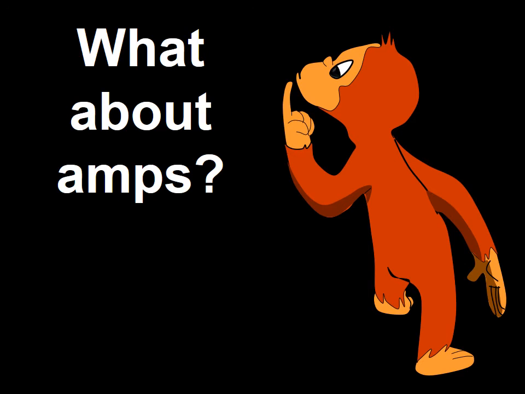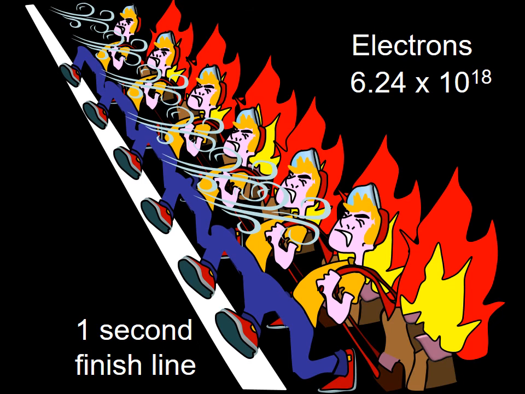So how do amps fit in this analogy? The amps represent many electrons with their charges, to be exact 6.24 times 10 to the 18th power, that propelled by volts and delayed by ohms cross the finish line within 1 second.